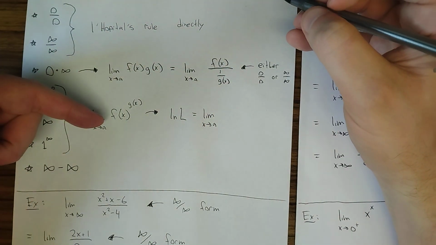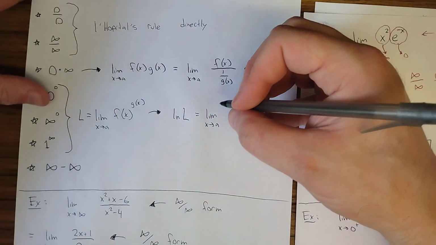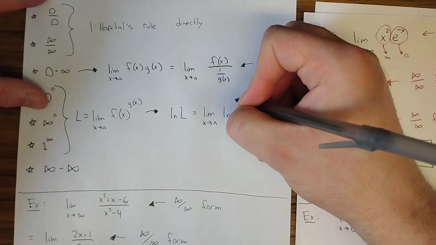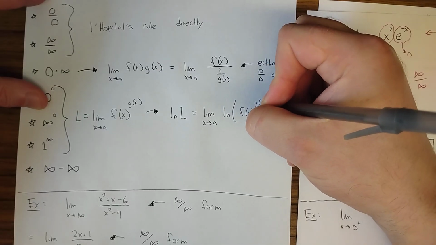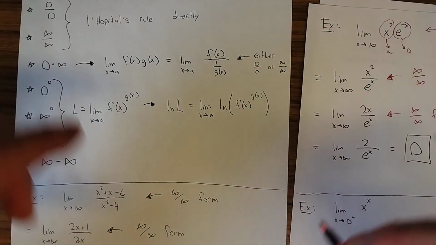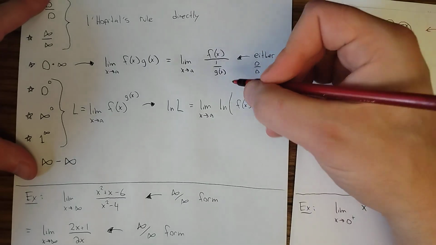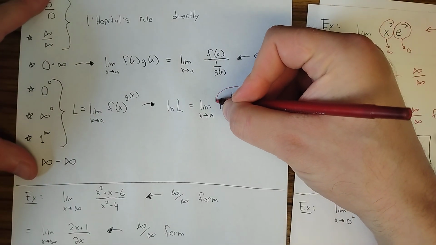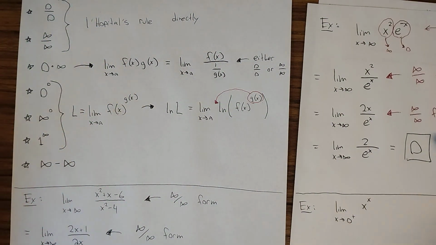And natural log is a continuous function, so I can take the natural log inside there. And why am I doing this? I'm going to use a natural log rule, which allows me to take a power and put it in front.